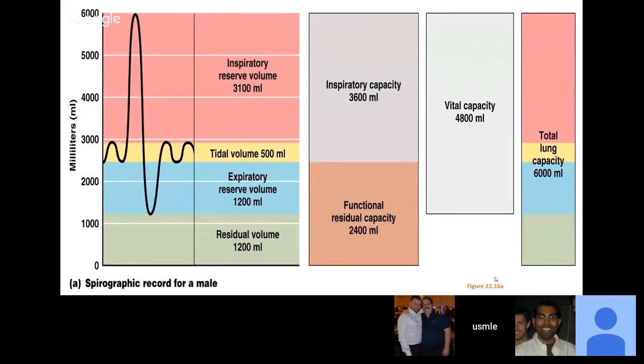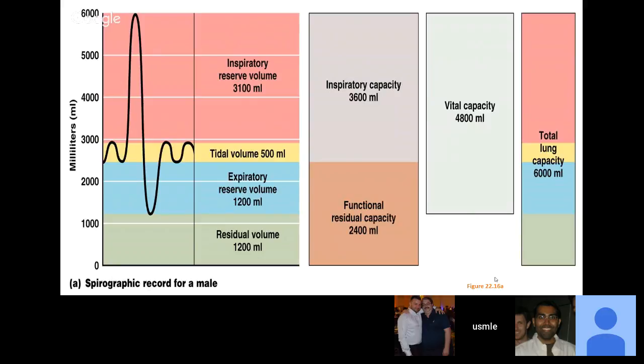If you understand it and know it, you can deduce your own formulas that go with it. So obviously you're going to have total lung capacity, which is around 6,000 mL. This is a value that you need to know. Actually, all the values in here are better to know. So the total lung capacity is 6,000. What does it mean?